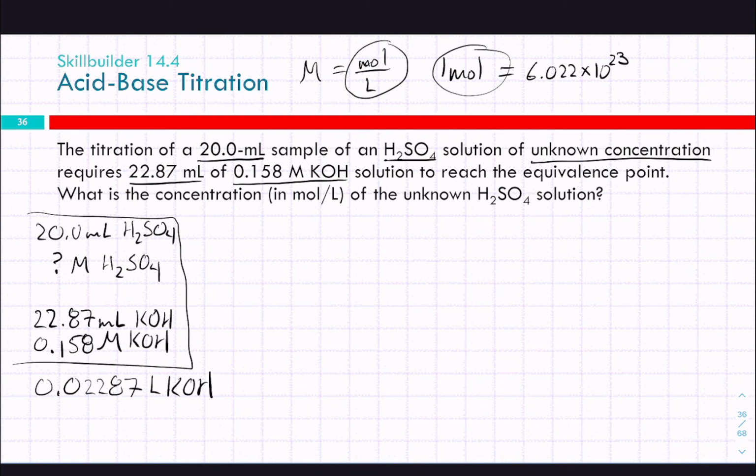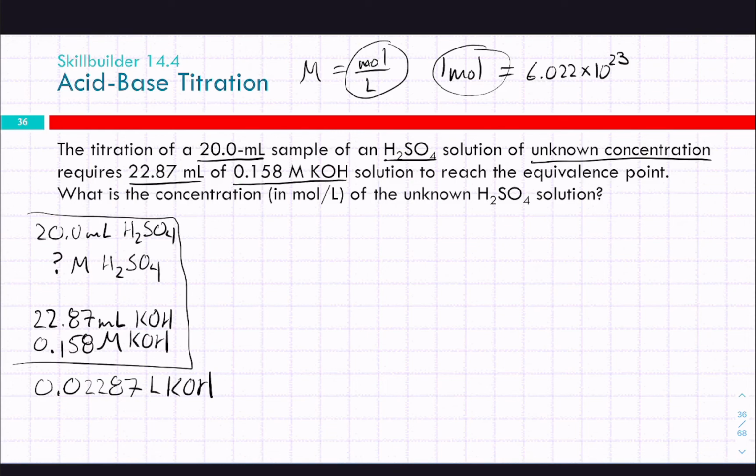So how do we find the number of moles of potassium hydroxide? Convert it using Avogadro's number? Well, convert what? What would we start with? How would we convert it? We would use the molarity formula. Uh-huh.